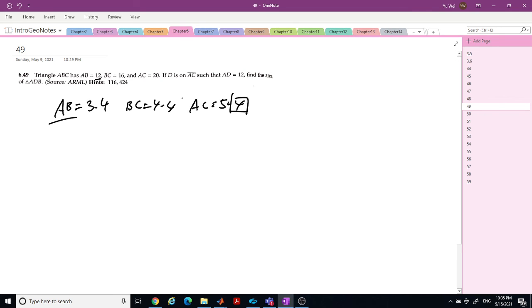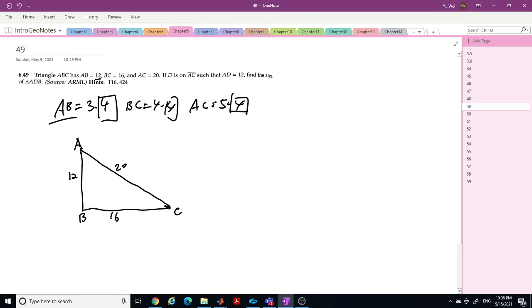So the common factor is the scale, and the basic triangle is the 3, 4, 5 right triangle. A, C and B is 12, 16, 20.